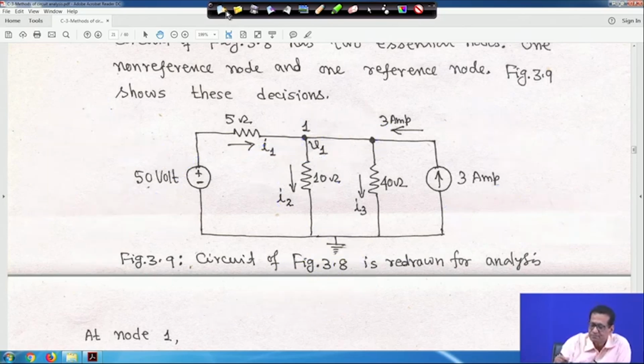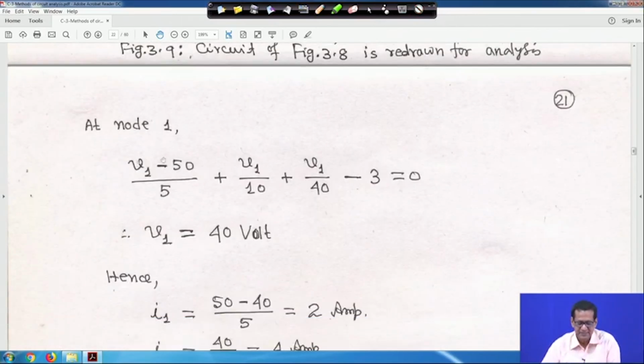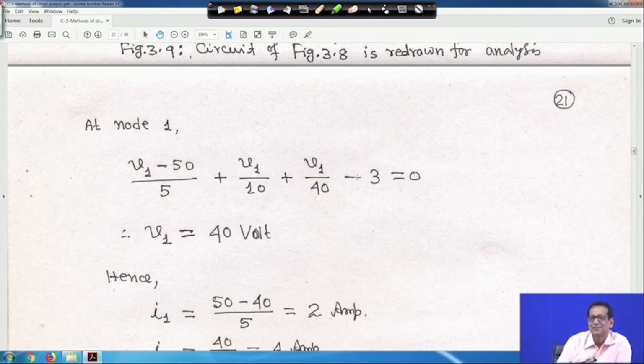If you look into that same equation, whatever I just said, you put it in this form and you will get the same thing.